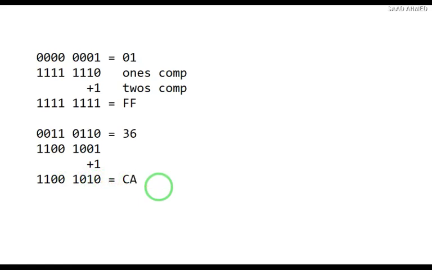So CA will be the equivalent negative number. Actually this CA is representing minus 36, so it's a negative number, and the FF is representing minus 1. I'm going to show it again later on. So this is it. Let's continue further.